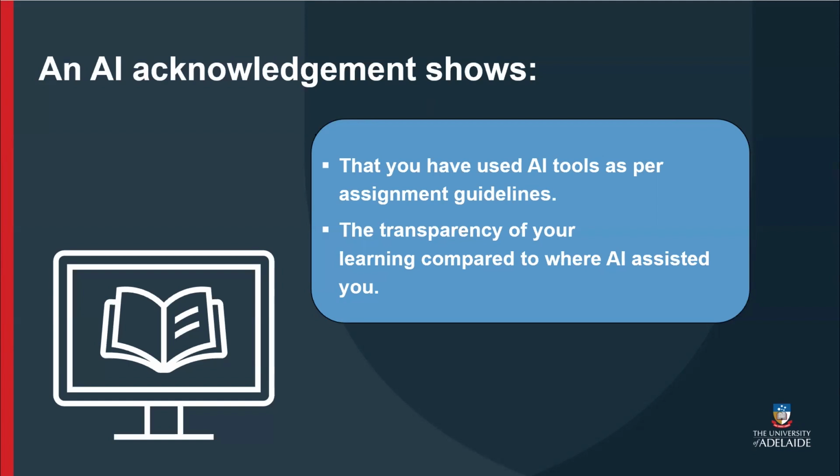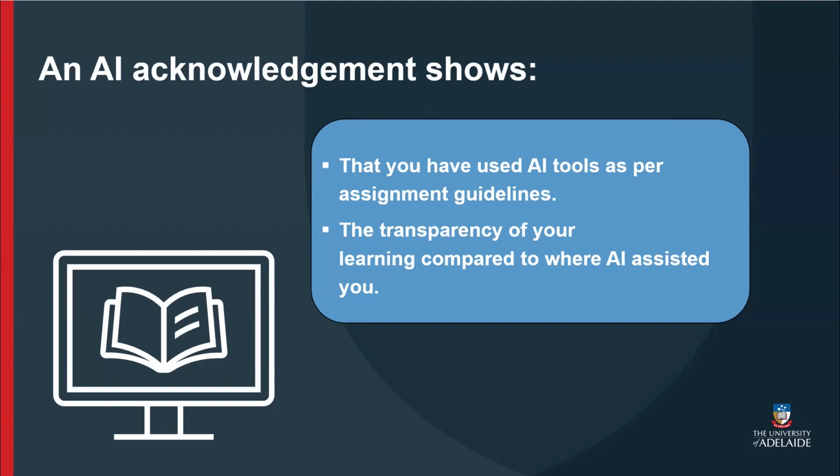But what does an AI acknowledgement actually show? First off, it shows that you've used AI tools in line with your assessment or assignment guidelines. And that's important because using AI outside of those boundaries could be considered misconduct.